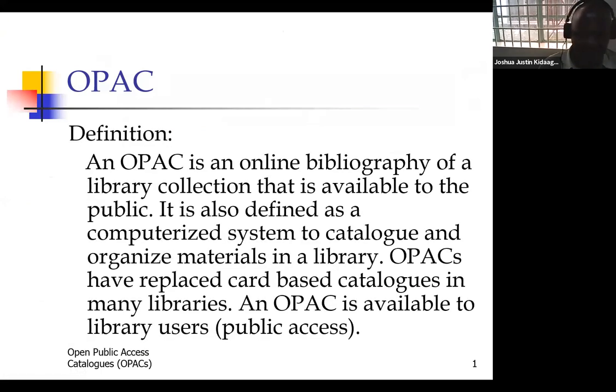How do we define OPAC? This is an online bibliography. A bibliography is a list of a library collection that is available to the public. It is also defined as a computerized system to catalog and organize materials in a library.